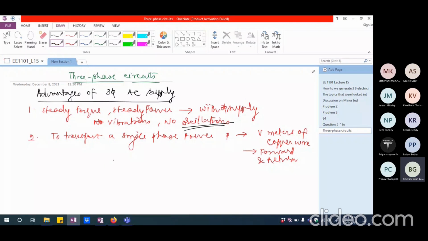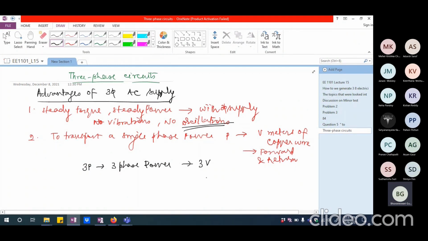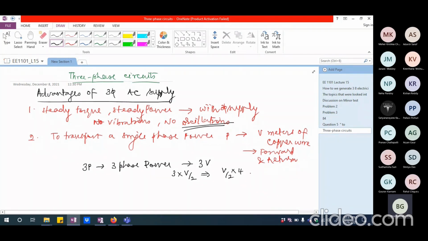So if we are transporting 3P, that is 3-phase power, we are not going to really use 3 times V. Rather than that, we would only use V by 2 multiplied by 3, or at the most V by 2 multiplied by 4. That is going to be the length of the wire that you are going to use when you are using a 3-phase transmission. So you save a huge amount of copper.